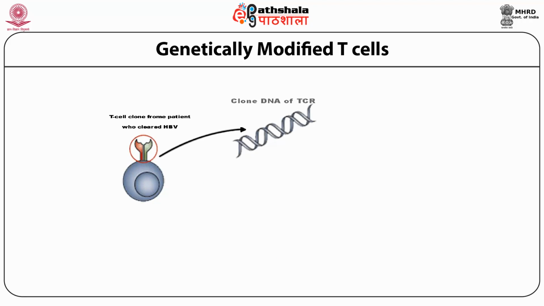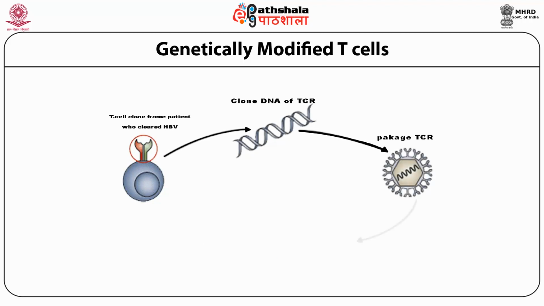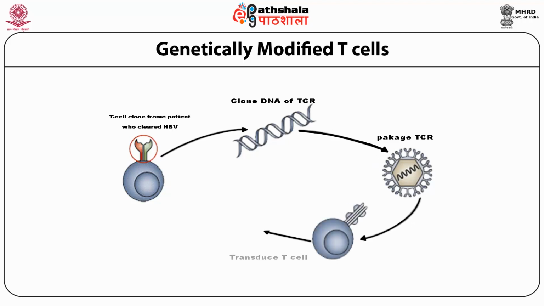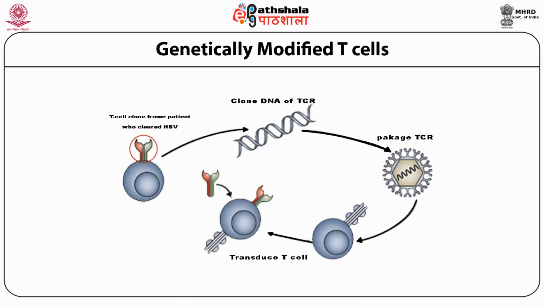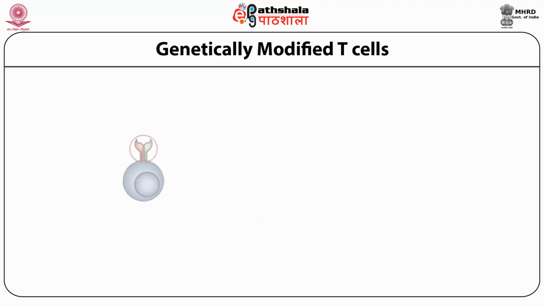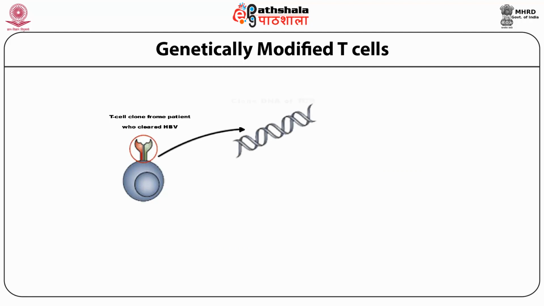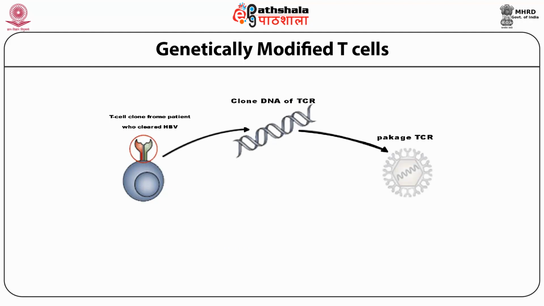These transduced T cells with the T cell receptor can be infused into the patient. They will be specific to the hepatitis B virus, with a specific T cell receptor, and can work much better than the activated T cells present in the tumor mass or the cancer of the liver.